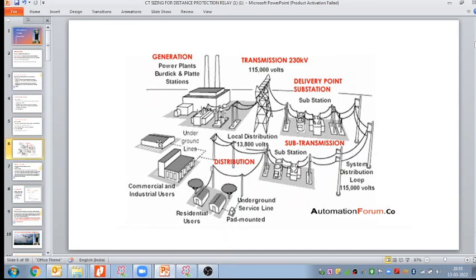When it comes to distribution, in the distribution substation, for the distribution feeders, as you can see here, there is this distribution feeder for the commercial and industrial users, and this distribution feeder for the residential user. For these feeders, what protection class do we generally take, generally meaning as per engineering practice, what protection class do we need to consider here?